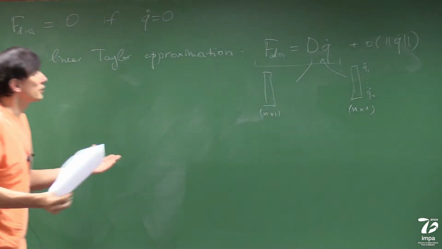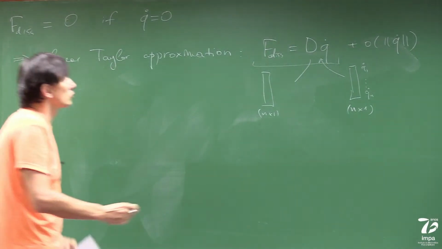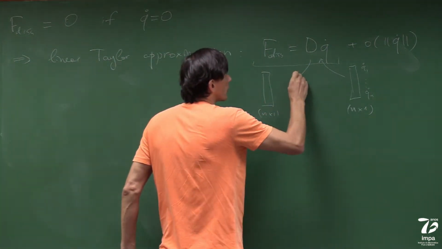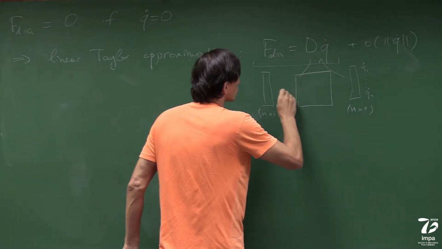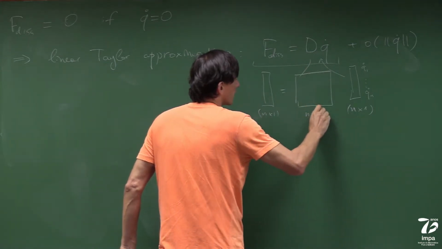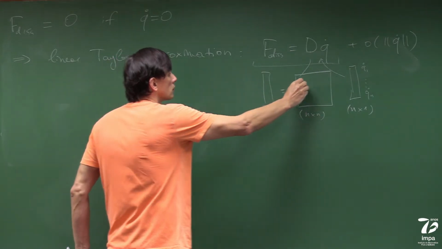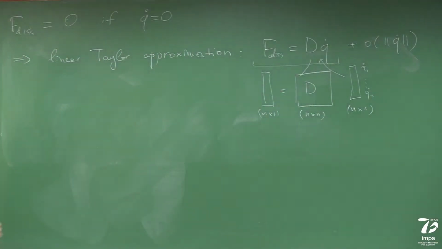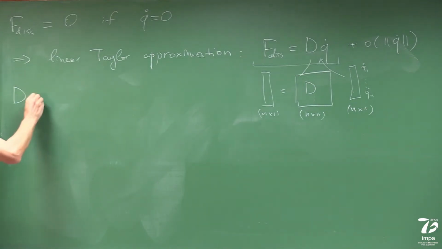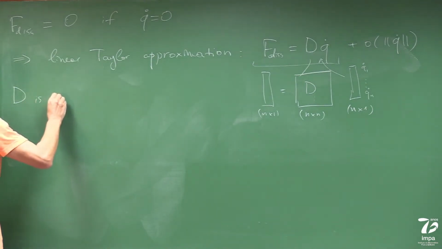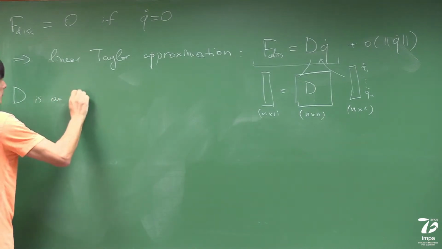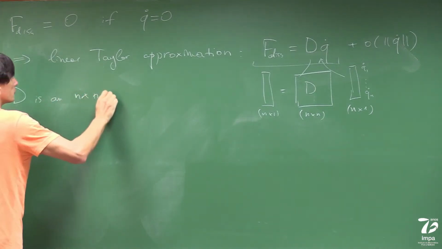So if you want to put a linear relation between the two, you can multiply the vector by a matrix, which should be square, n by n. So D is an n by n matrix.